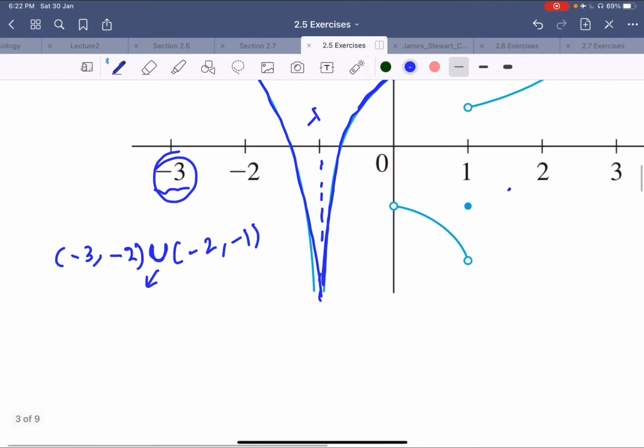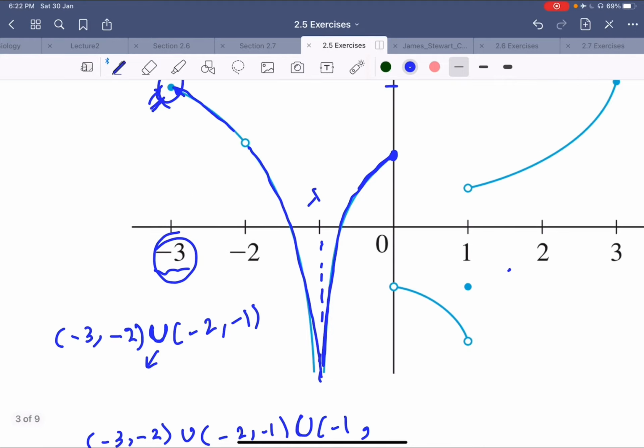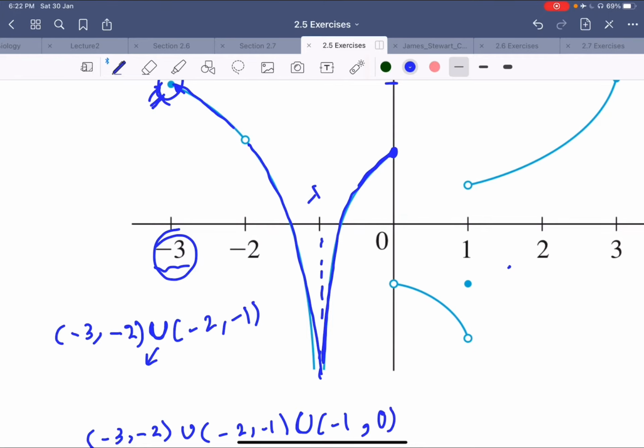So خليني أرجع أكتب تحت from -3 to -2 united from -2 to -1 بعدين united again from -1 till 0 and the 0 بتنفصل. The limit from the right doesn't equal the limit from the left. So till 0 and then united from 0 till نطلع من 0 بنروح نمشي بنلاقيها وصلت لعند x equals 1.